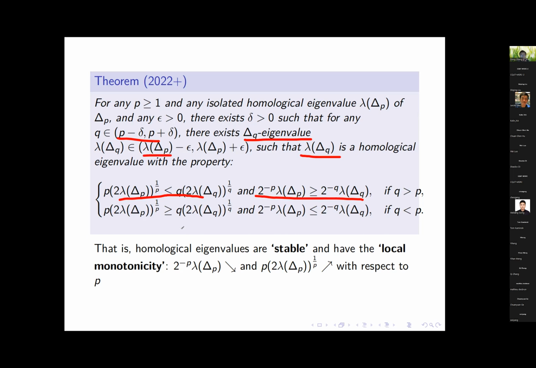That is to say, homological eigenvalues are stable and satisfy local monotonicity with respect to p. Okay.